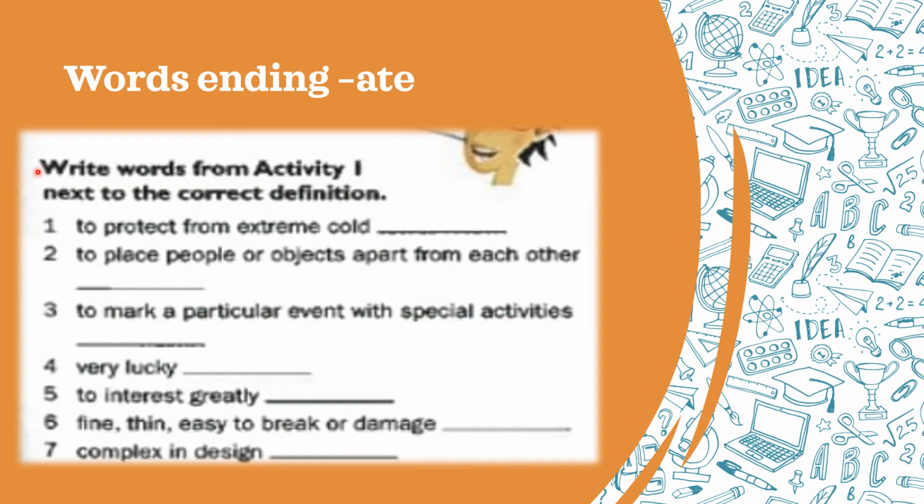Now activity number 4, write words from activity 1 next to the correct definition. So we want to use the words in activity 1 and write them next to the correct definition here. What do you mean about to protect from extreme cold? Of course, it's insulate. To place people or objects apart from each other.